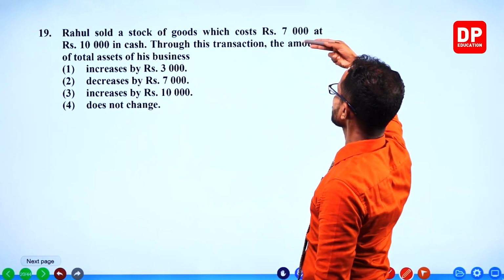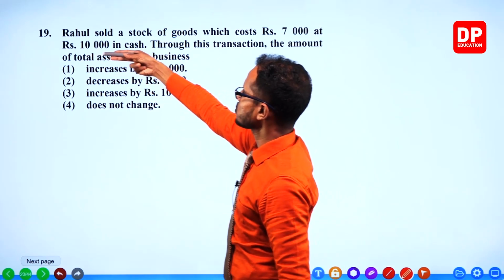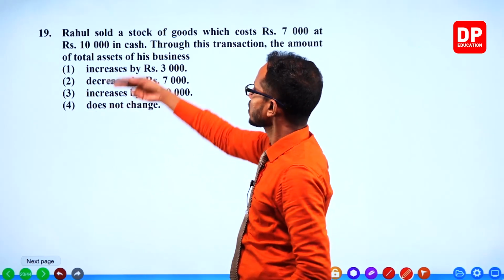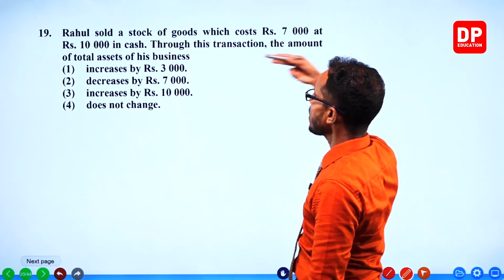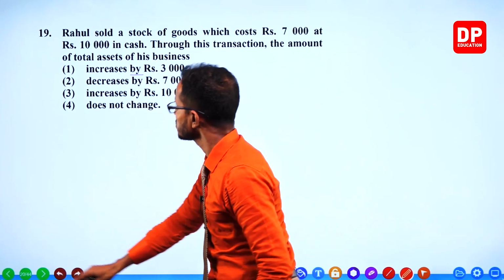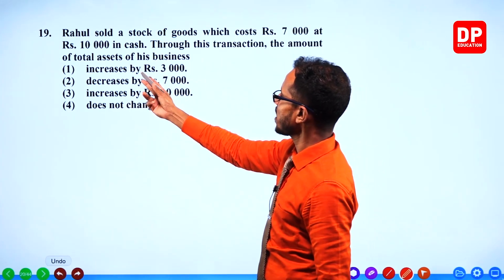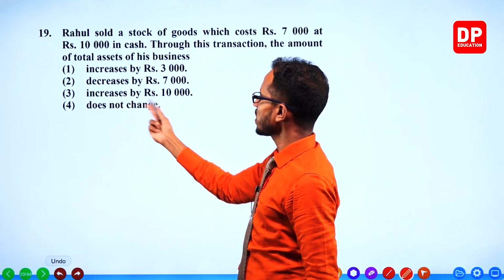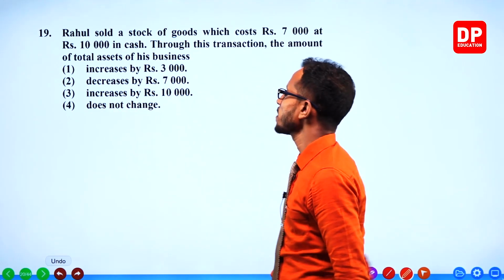Goods were 7,000 but sold for 10,000. What is the profit here? 3,000. Through this transaction, the amount of total assets of his business increased by 3,000: decreased by 7,000, increases by 10,000. Does not change.